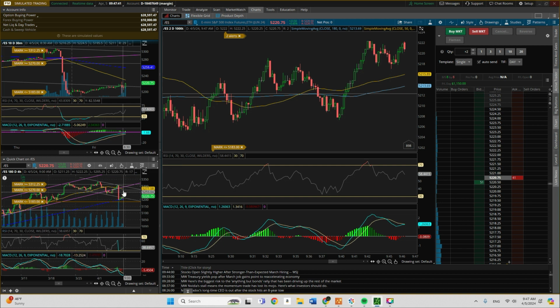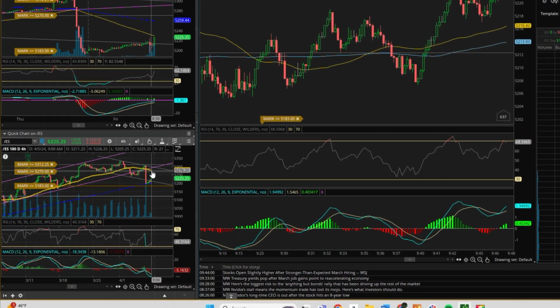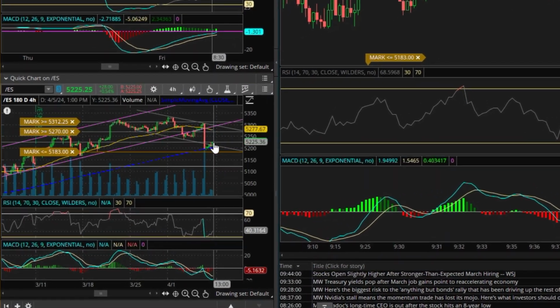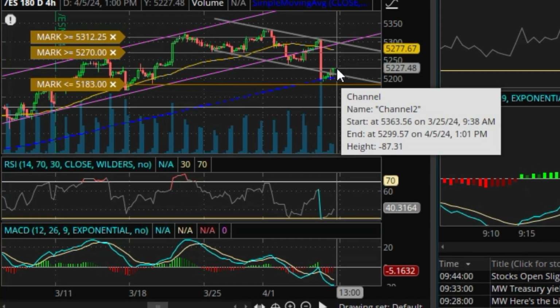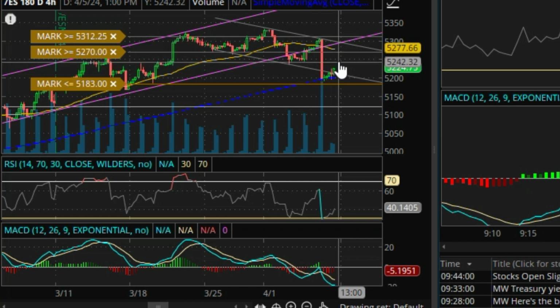Now, when those SMAs actually get close together, that's when things start to happen. The candles tend to interact with those SMAs. Like right here, I would predict that this candle is going to want to go up.